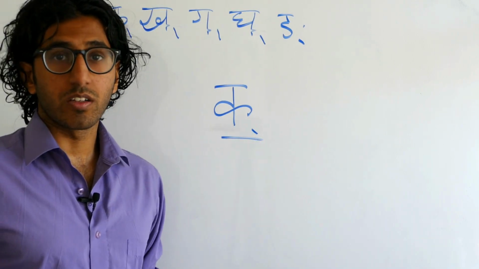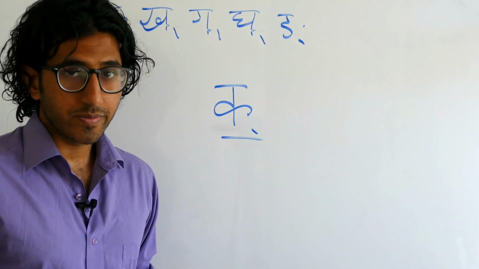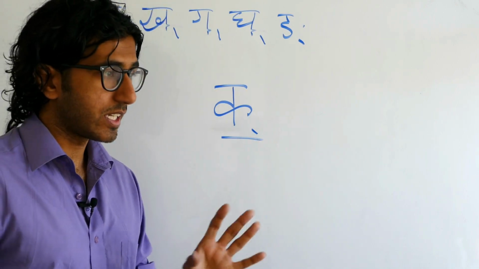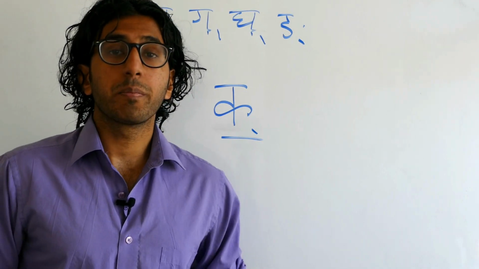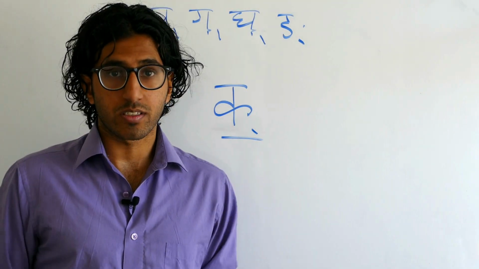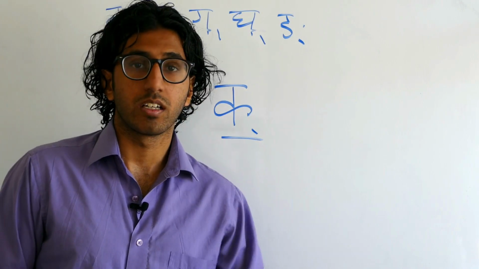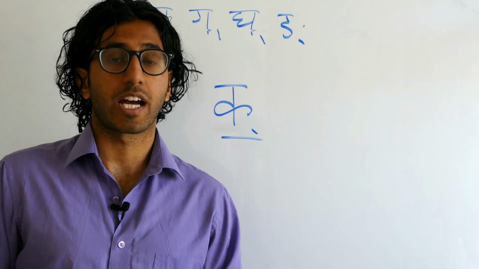It has no vowels attached to it. Even when I say k, there's still a vowel attached to it, but in theory it's k. But when people normally say the sounds in Sanskrit, when they see this, they'll say this is a k. You're just assuming there's an a vowel attached to it.